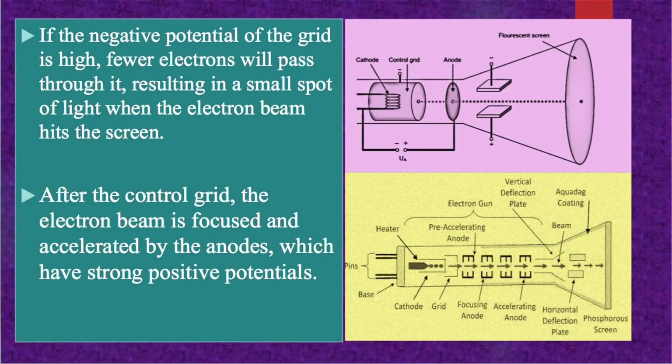Now by decreasing the negative potential of the control grid, the brightness of the light spot on the screen can be increased.